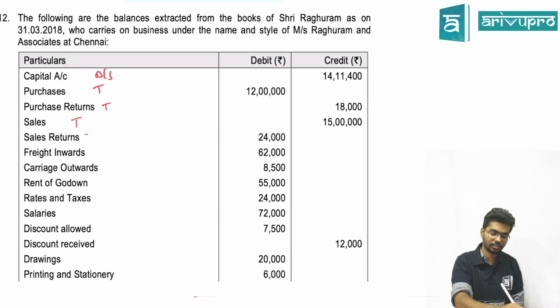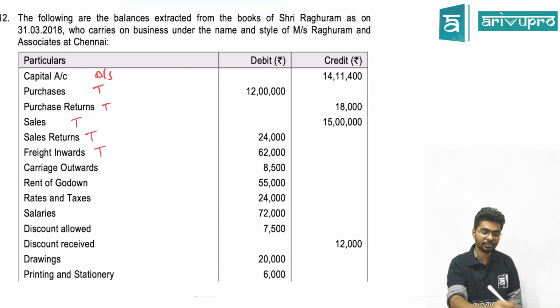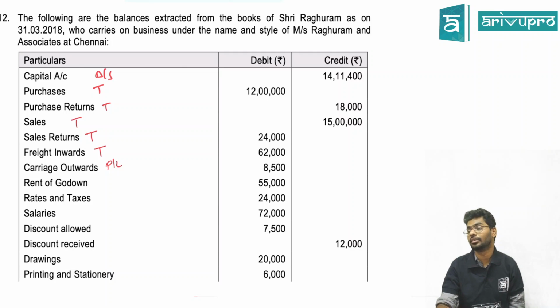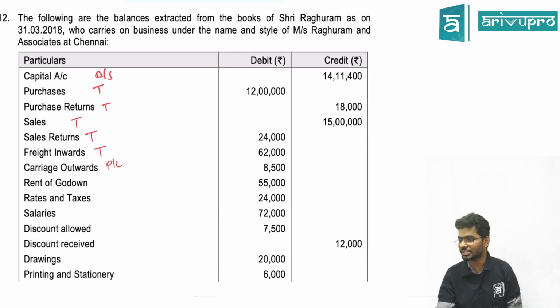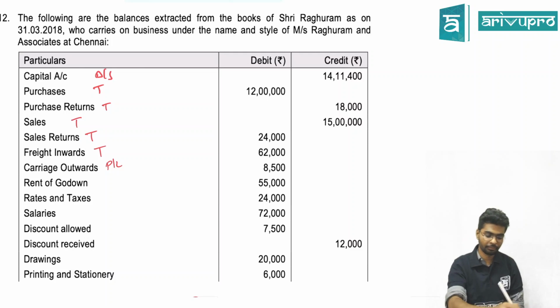Sales. Sales returns. Freight inwards. Carriage outwards. P&L. Rent of godown. Why P&L? It's an administration expense. It's part of my P&L.